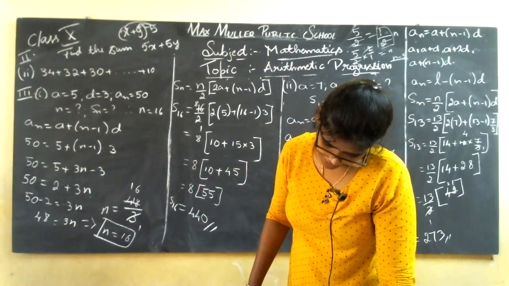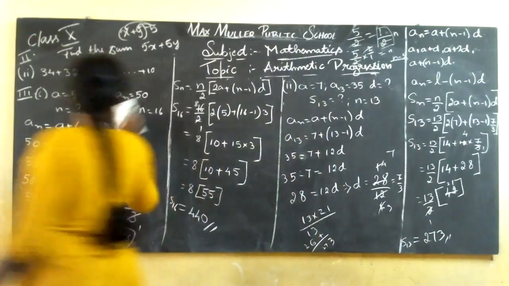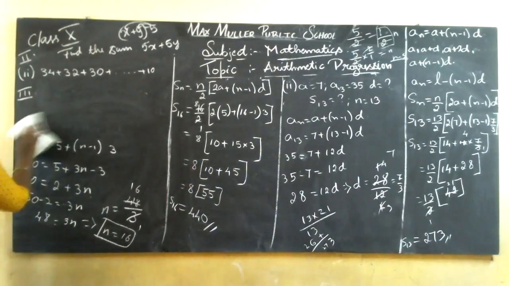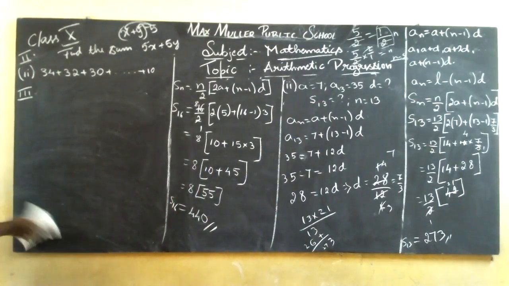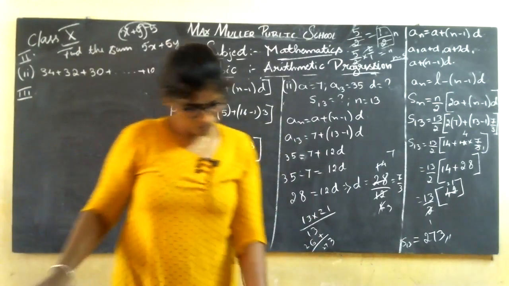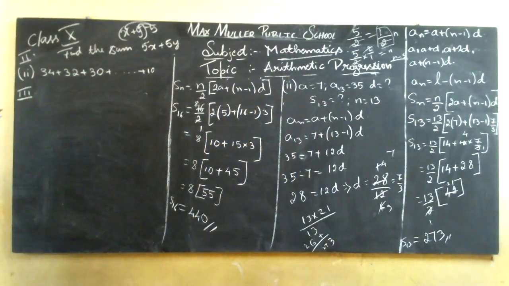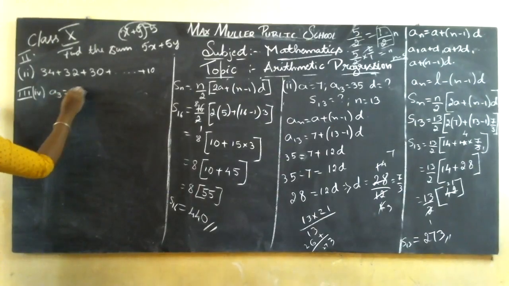You need to find D and A10. A3 is equal to 15.